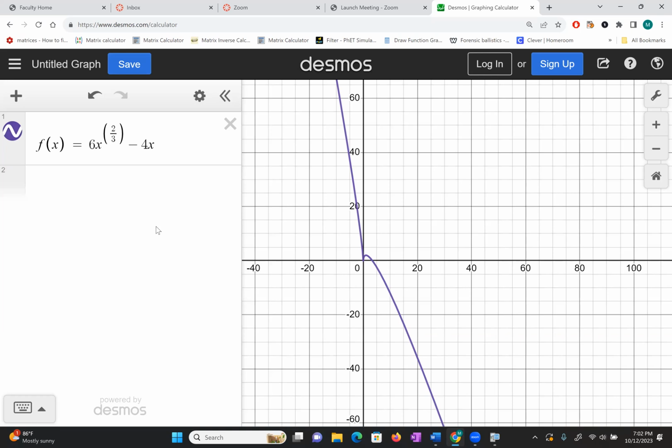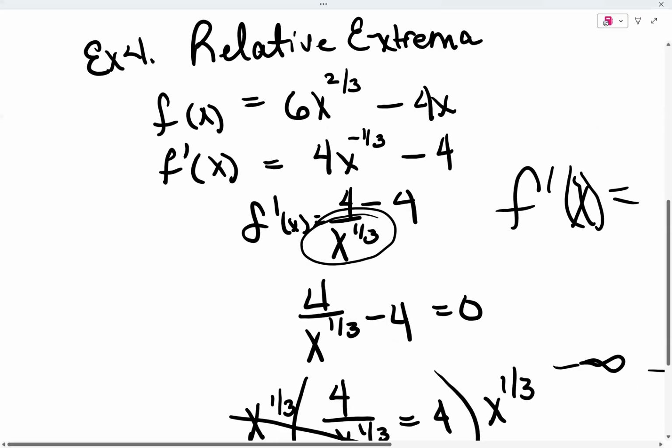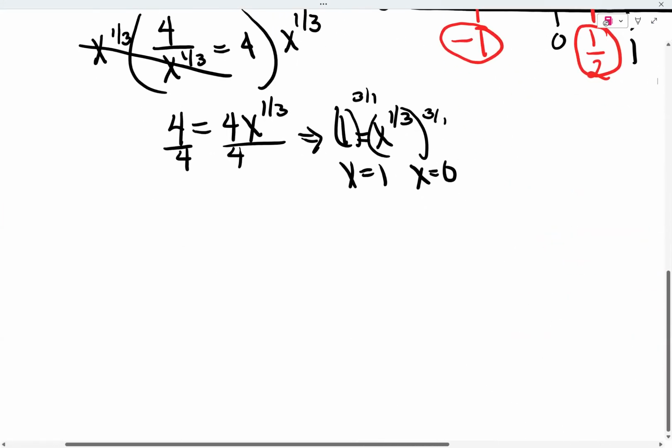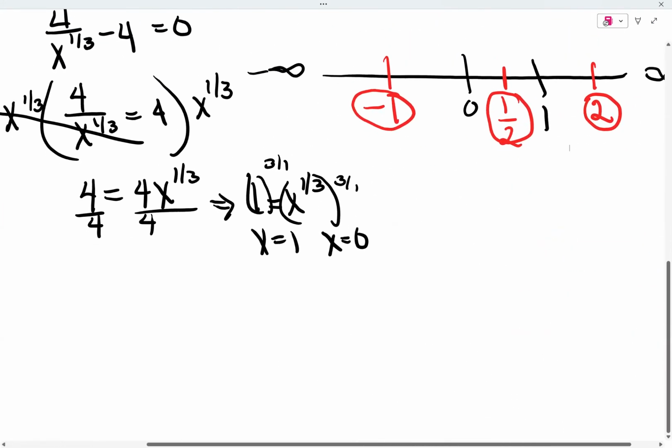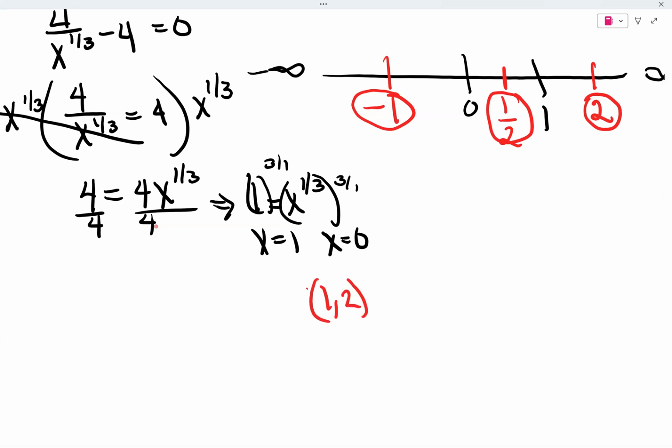And so given that, we can go back to our equation. We know that there's a value of 1 where we plug in 1, we're going to get 2, and that's going to be a maximum for us.